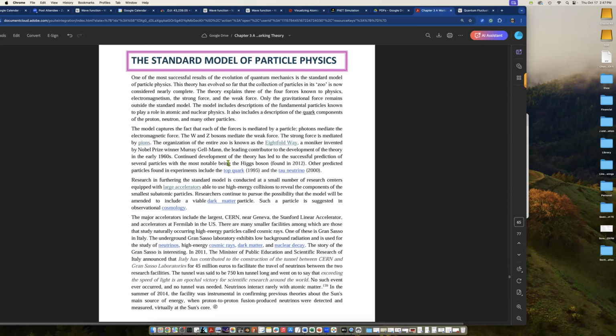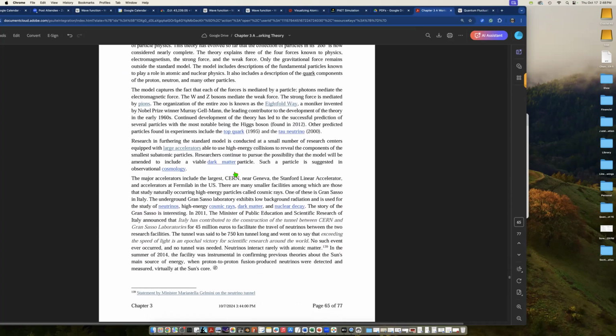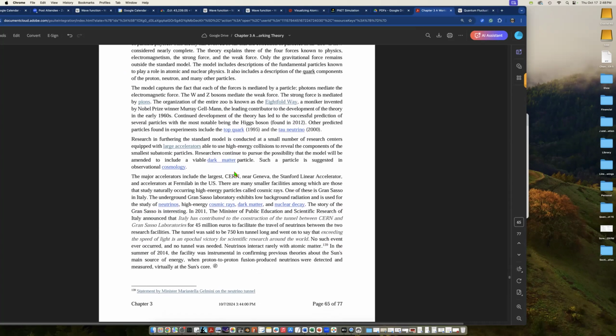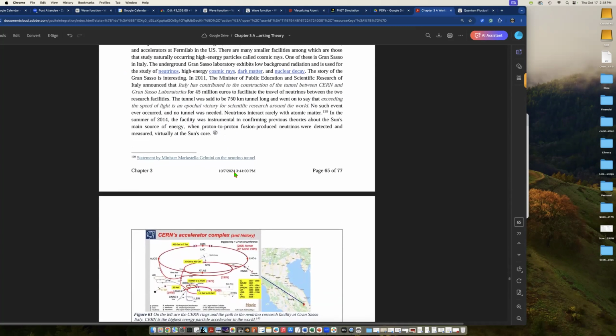It's the most successful model for the structure of the subatomic particles, and it explains the existence and the properties of the components of the subatomic world.